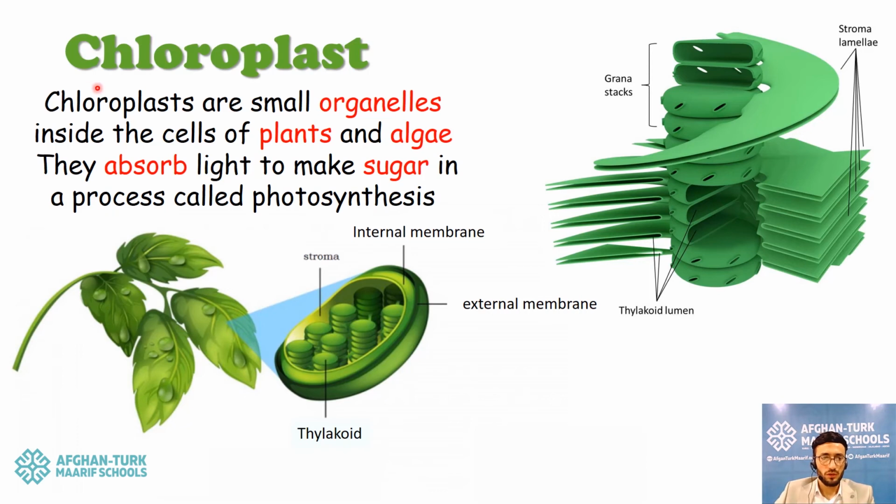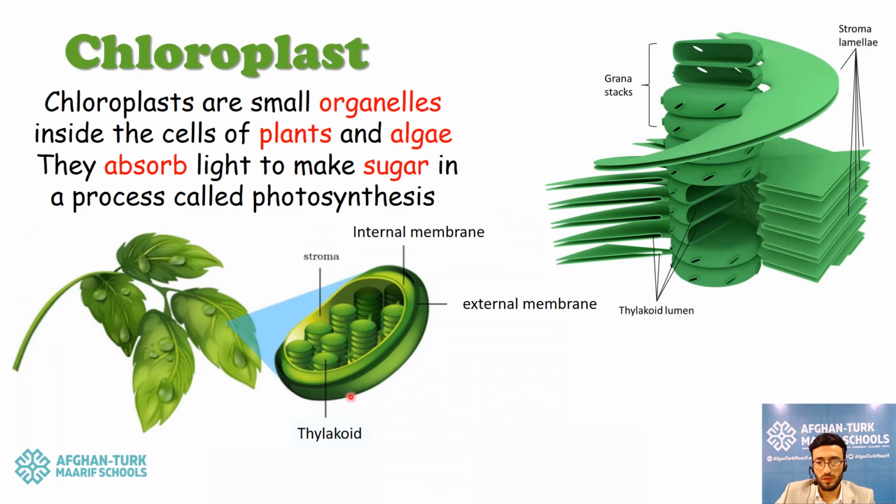So for the definition of chloroplasts, we can say that chloroplasts are small organelles inside the cells of plants and algae. They absorb light to make sugar in a process called photosynthesis. This is the leaf. This is the enlarged inside of the leaf that is called the chloroplast itself.